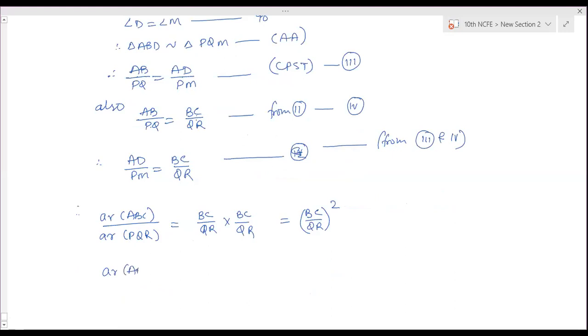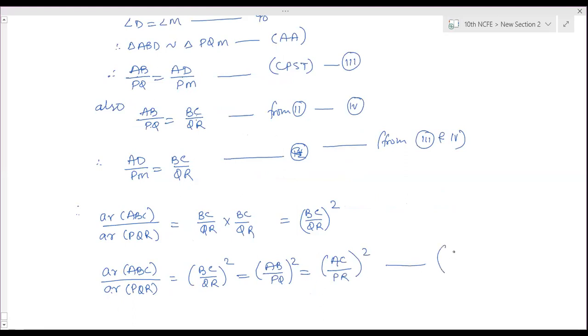So therefore we can write area ABC by area PQR is equal to BC by QR whole square. BC by QR is also equal to AB by PQ, so therefore it's whole square. And that is also equal to AC by PR whole square, as we have BC by QR is equal to AB by PQ is equal to AC by PR. Clear?